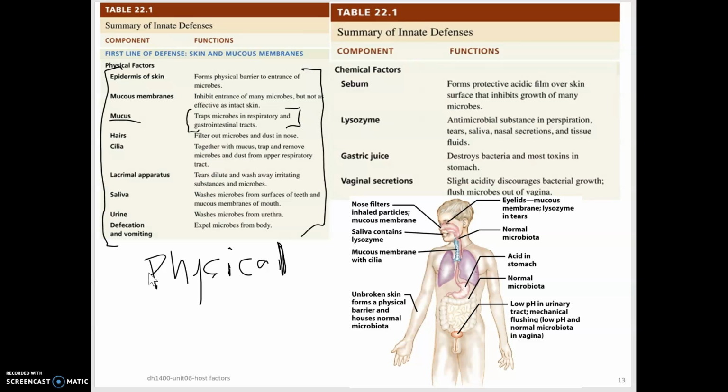Now if we move over to the second part of the table, we're going to have a look at chemical defenses. So we've got sebum, lysozyme, gastric juice, and vaginal secretions. All of these are chemical barriers that prevent microbes from entering our tissues.